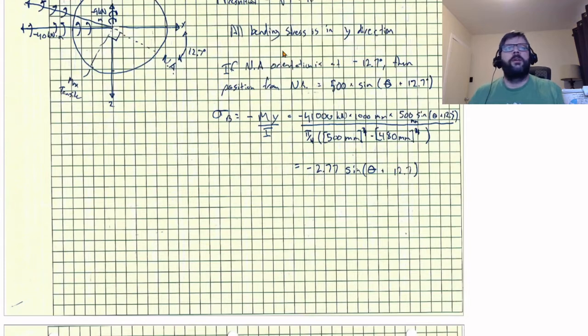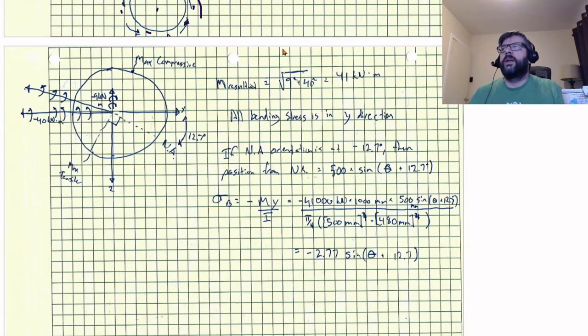Next up, we've got the bending stress. So we've got the two bending moments. With our x in this direction and our z in this direction, we have a -9 kilonewton meters in the z, and a negative 40 kilonewton meters in the x. So the overall bending moment that we're applying is about this axis.